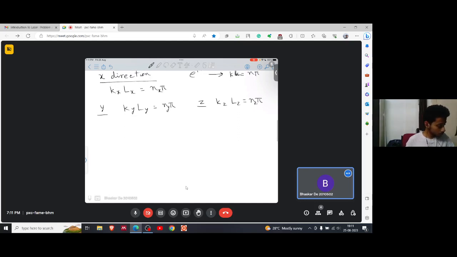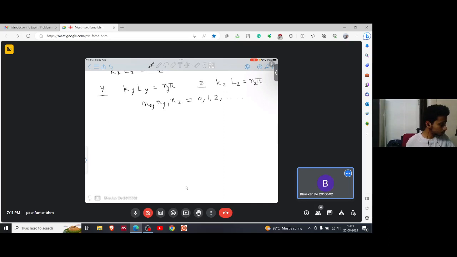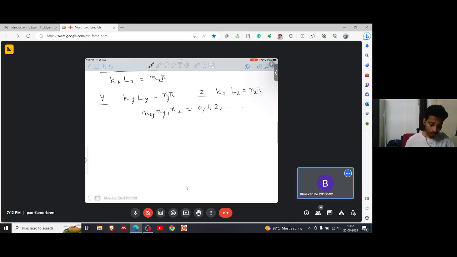So now these values nx, ny, nz can have values 0, 1, 2, and so on. The mode number can be specified by the values of nx, ny, nz.